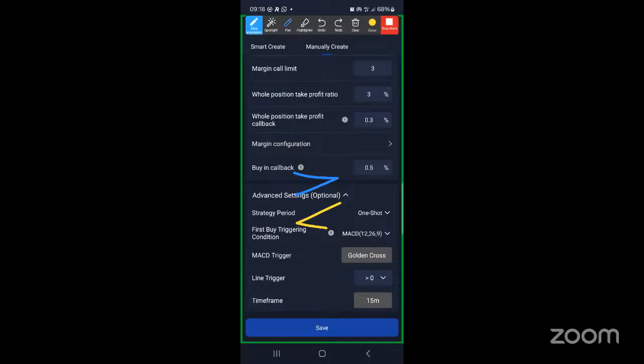Greater than is blue. Okay. So this is greater than. So meaning the robot is going to buy when above the zero line. Okay. Above the zero line.